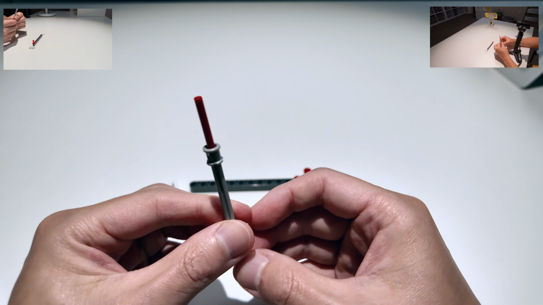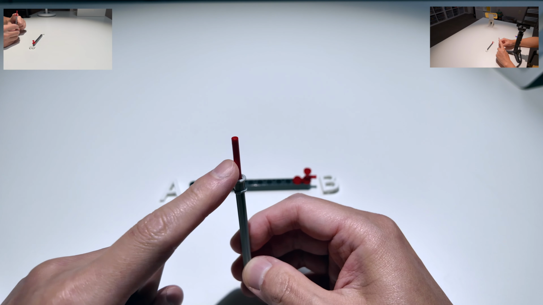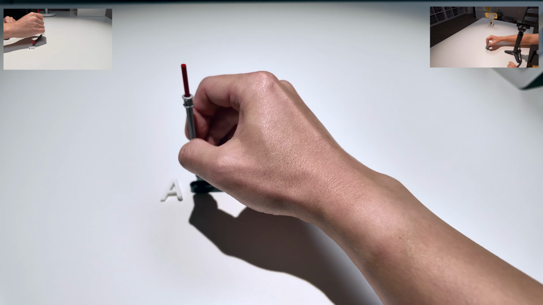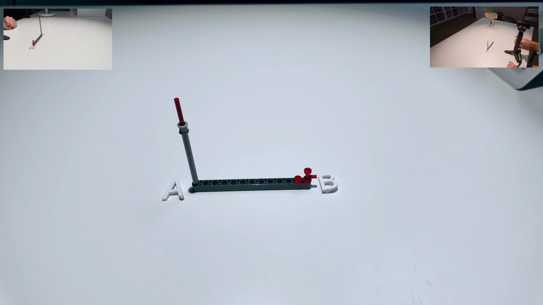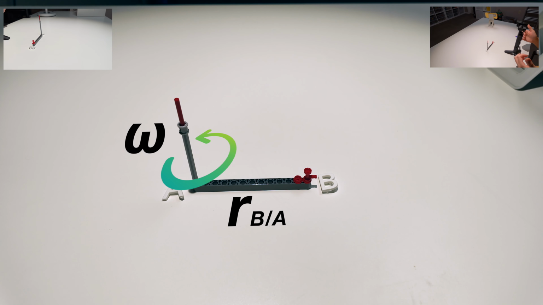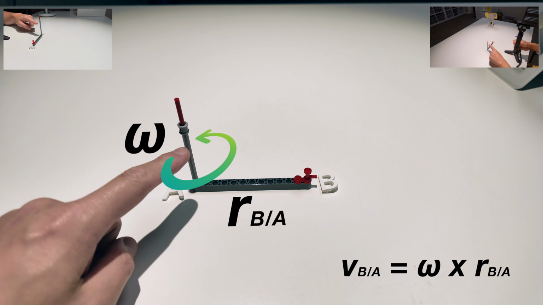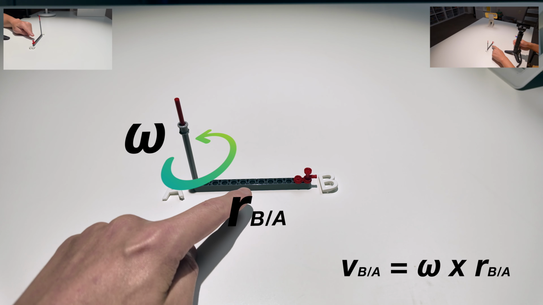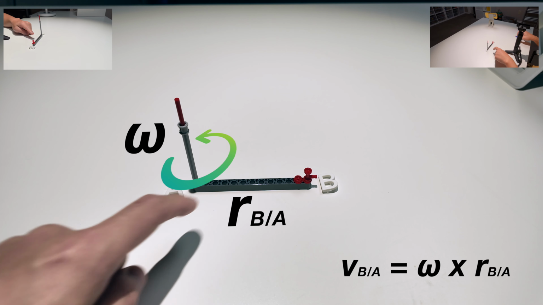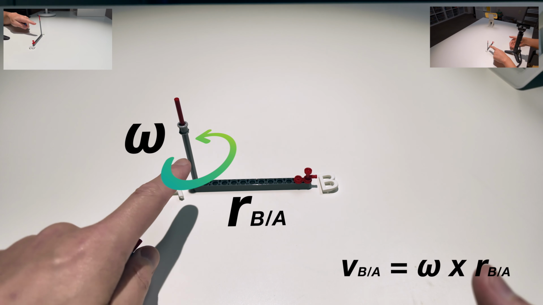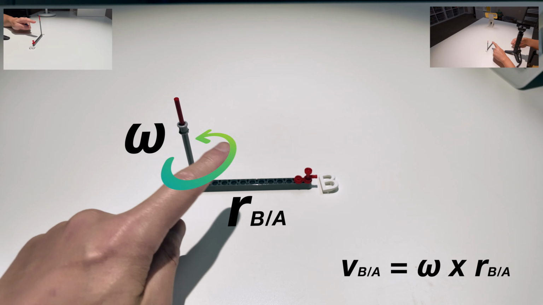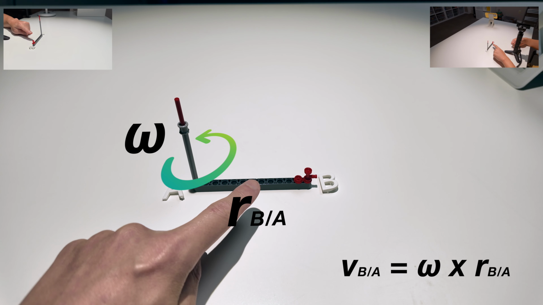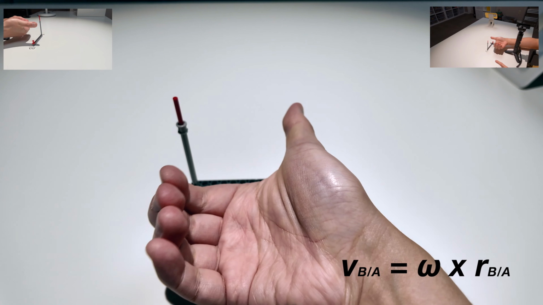So this is our angular velocity, and again, red means the direction is pointing up. Now, our relative velocity is given by the angular velocity cross the position vector. So we can use our right-hand rule, the angular velocity omega cross the position vector, like this.